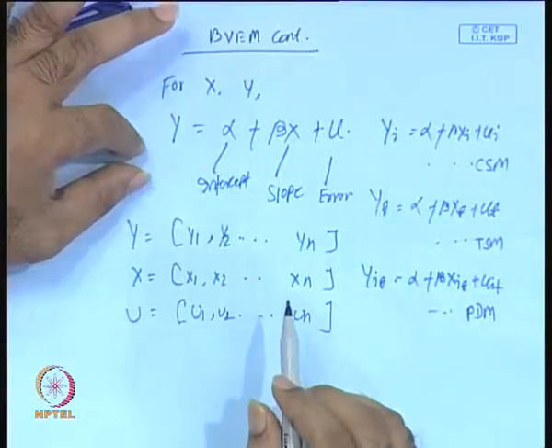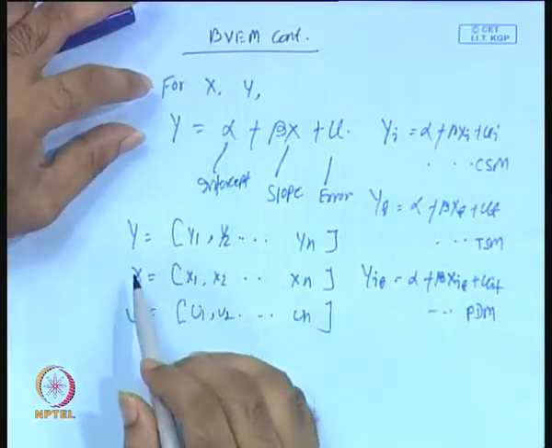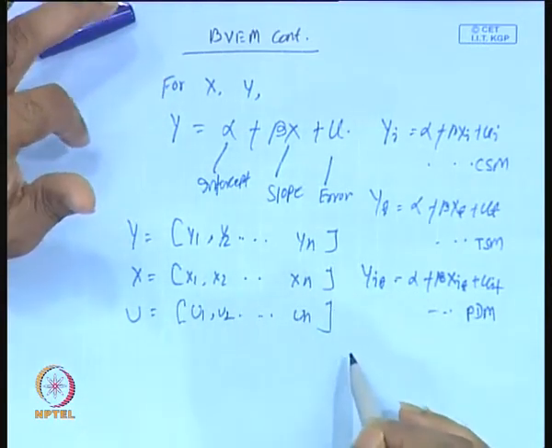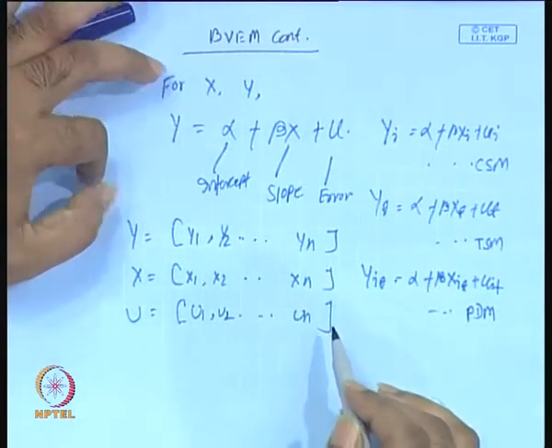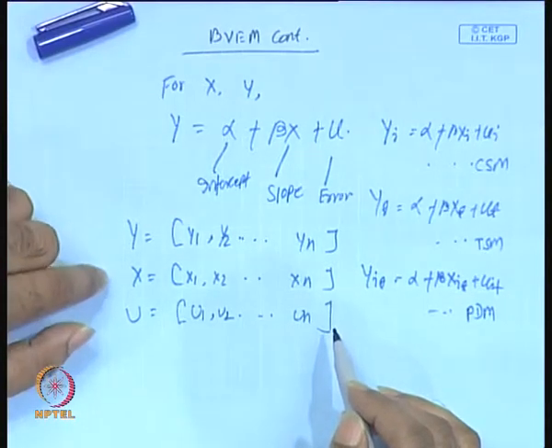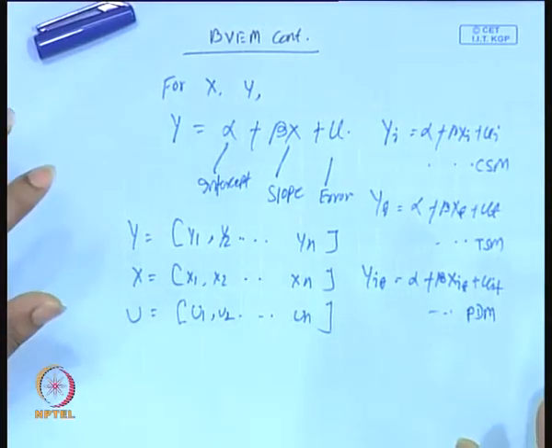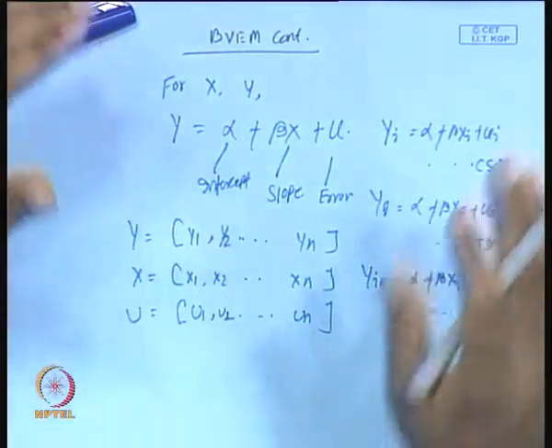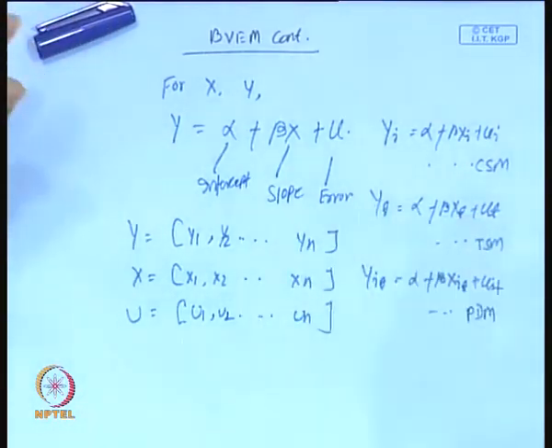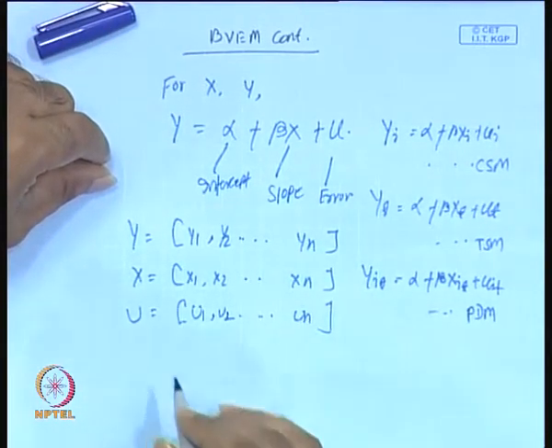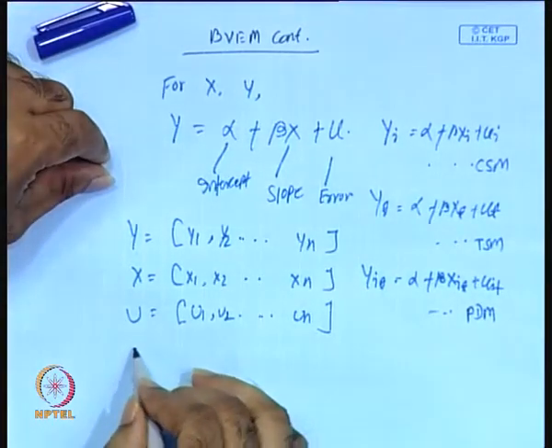Here y is the dependent variable, x is the independent variable, and u is the error term, which represents the variables not captured in the system.